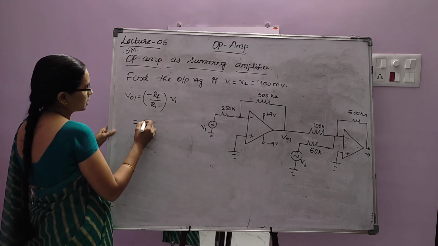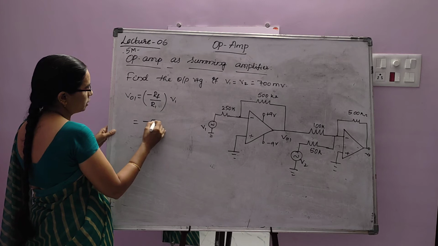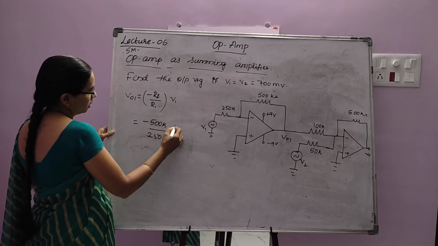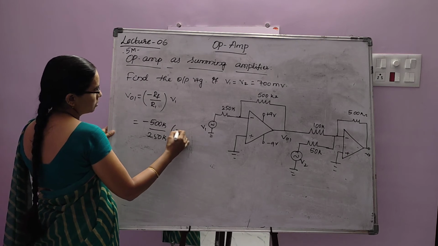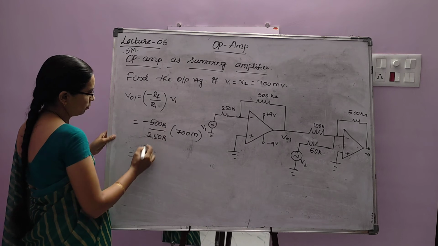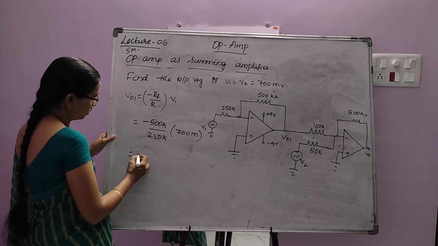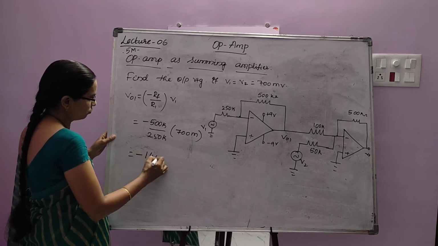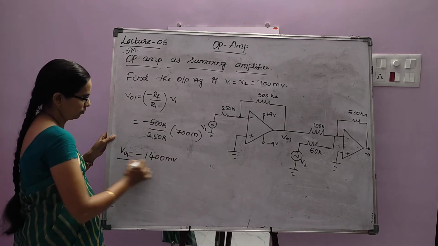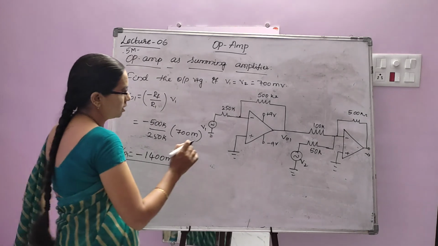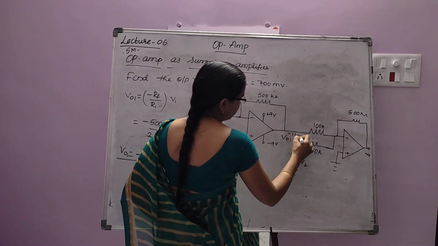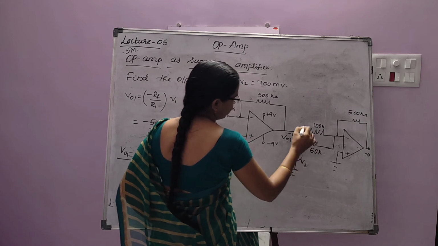So minus RF is 500 kilo divided by 250 kilo into V1 is 700 milli. So it will be 2, then it is minus 1400 millivolt is the V01. So this is up here, minus 1400 millivolt we are going to apply.